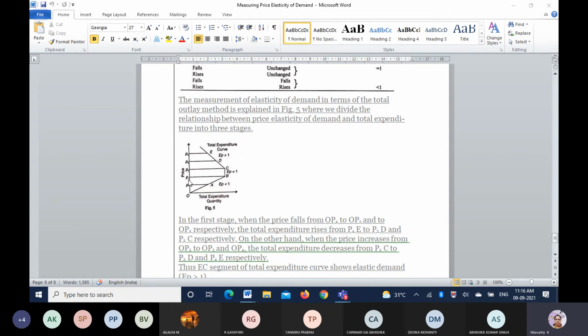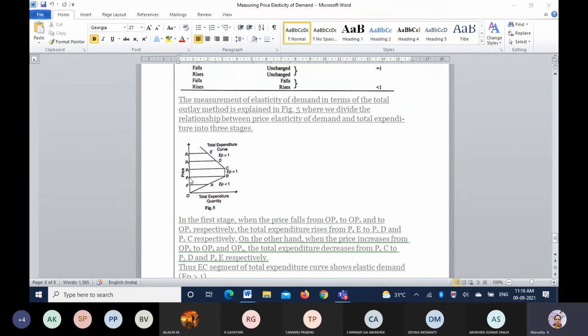And from this point to this, the total expenditure has not changed. We are not talking about consumption, whether we are demanding more or less, but just about the expenditure. If the expenses remain the same, then we call the elasticity value unit 1.